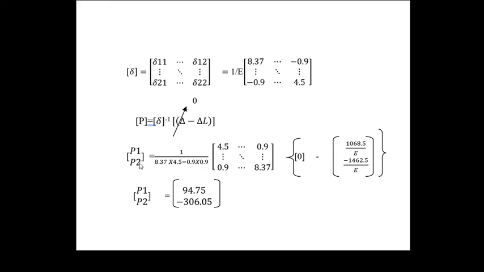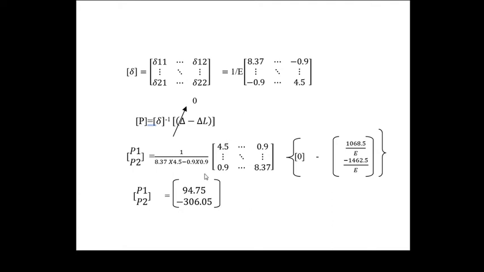That gives P1, P2. The inverse of this is 1 by 8.37 into 4.5 minus 0.9 into 0.9.